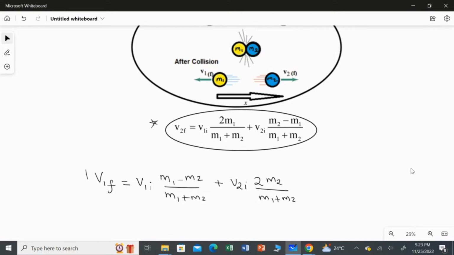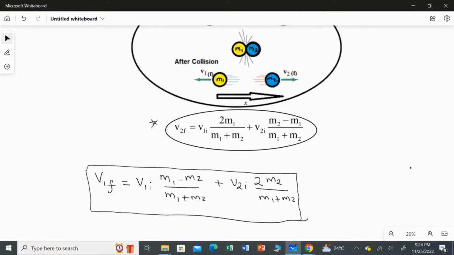So we got this answer in the previous video, and now we need this answer for getting the final speed of the second mass. For that purpose, I took this equation because we are going to substitute it into another equation. Now I am going to start deriving the final speed of the second mass.